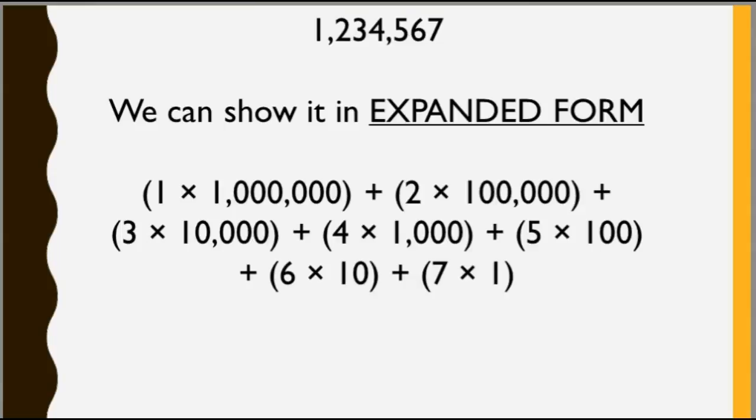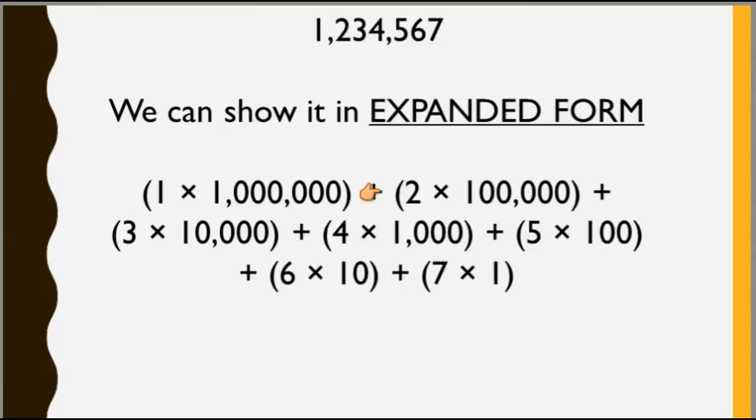And then the last way that we're going to be writing our numbers is in expanded form. This can be a little bit intimidating if you've never done it before. But if you look closely, it's just saying what place value each digit is in. So what digit is in the millions? 1, and it's 1 times 1,000,000. So you're going to take that place value and put it in parentheses to separate it from everything else.